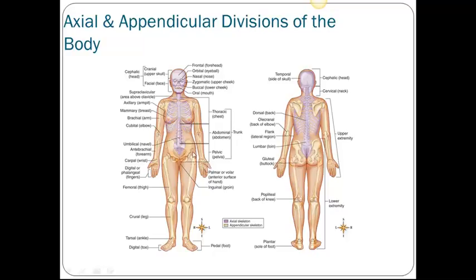So basically our thoracic and abdominopelvic regions consist of the axial part. And then our appendicular divisions are our limbs, so our arms, and then also our legs. And this diagram also labels all the different parts and joints of the human body.